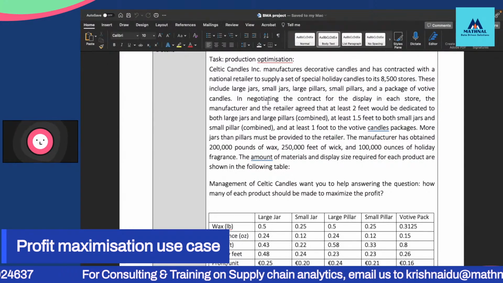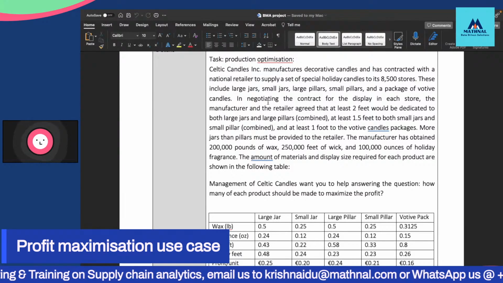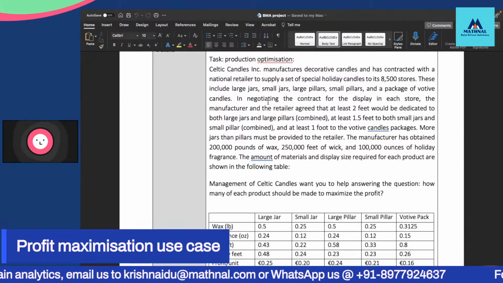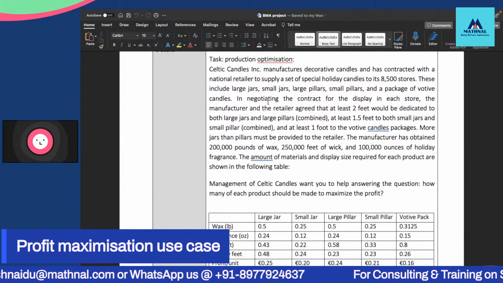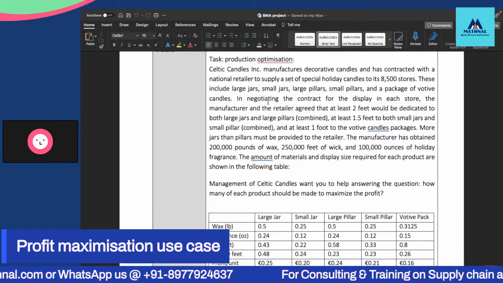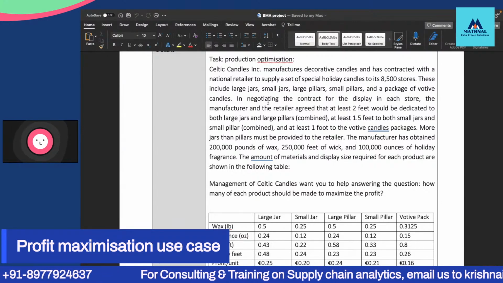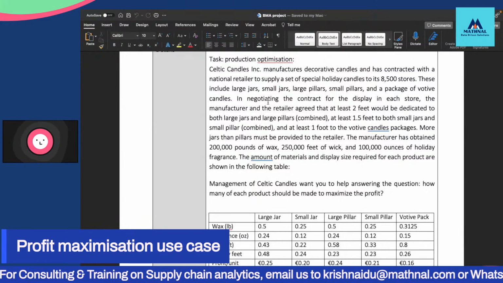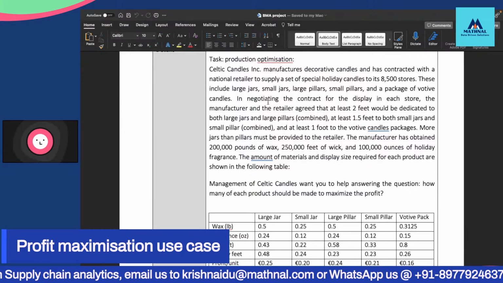In negotiating the contract for the display in each store, the manufacturer and retailer agreed that at least 2 feet would be dedicated to large jars and large pillars combined, at least 1.5 feet to small jars and small pillars combined, and at least 1 foot to the votive candle packages. These are the product definitions.